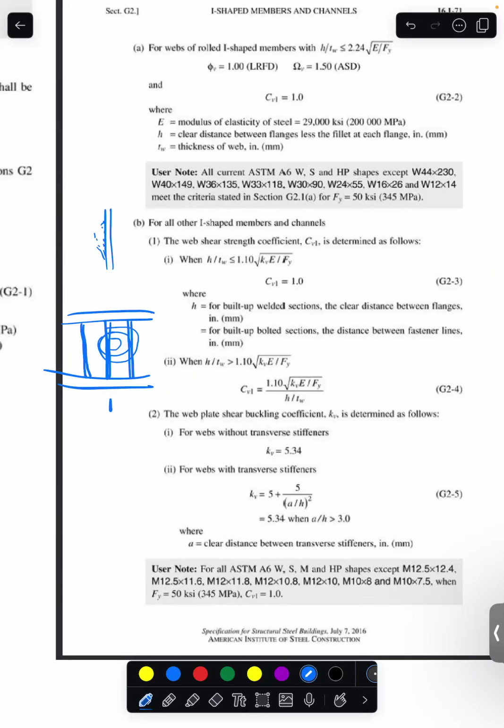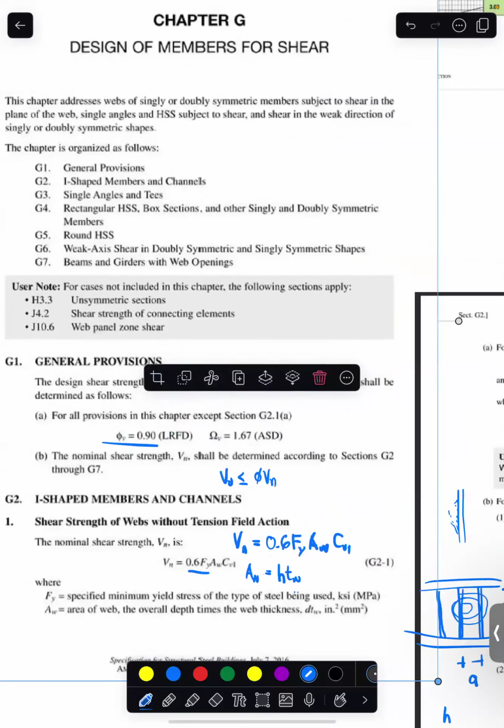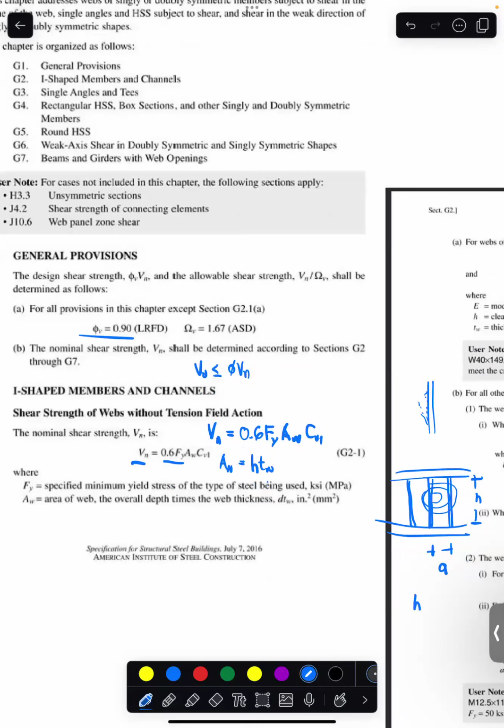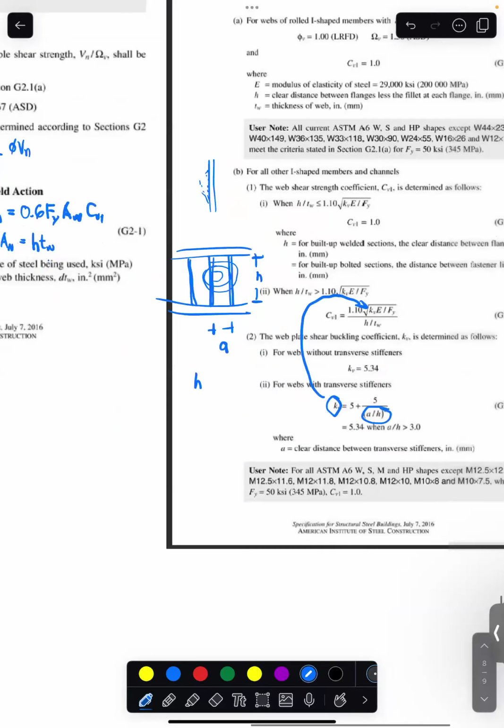So, mahalaga ngayon yung spacing ng transverse na stiffeners natin. Yung H is etong height, yung depth ng web natin. So, mahalaga na yung A over H squared para makuha yung K sub V para ma-revise yung C sub V1 in case na there's a potential na magkaroon ng web crippling. And ma-update ngayon yung ating V sub N.